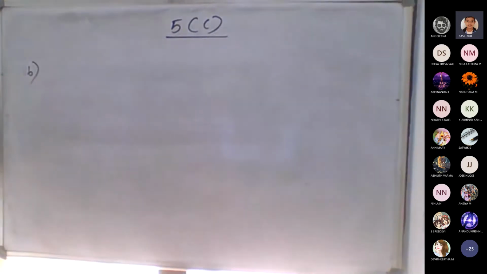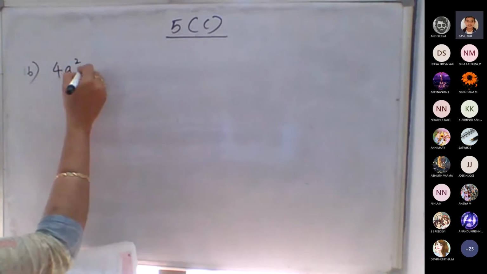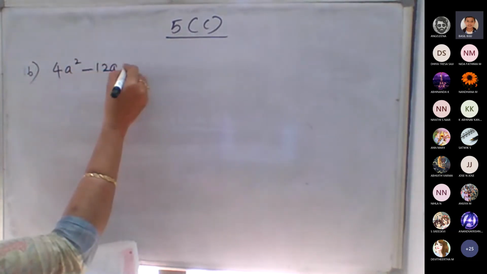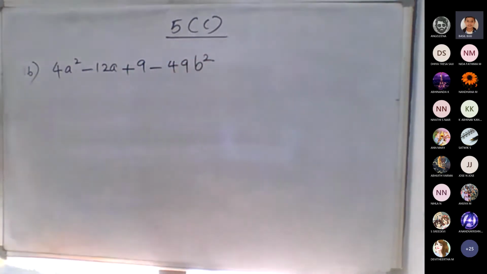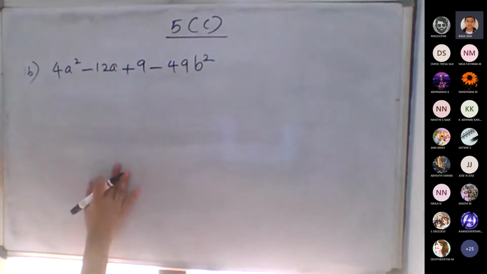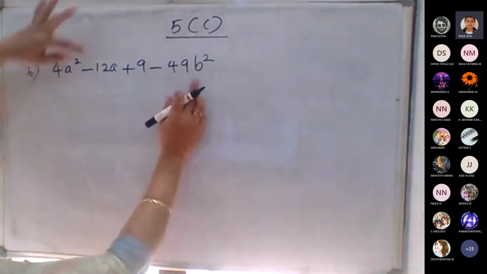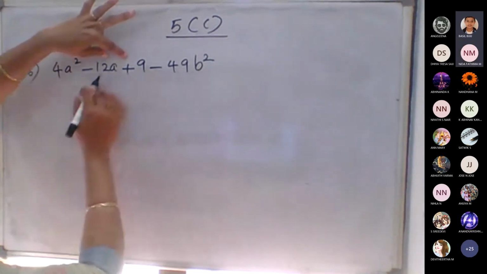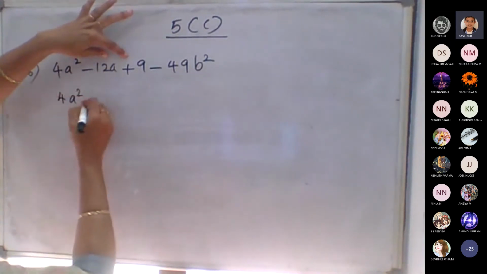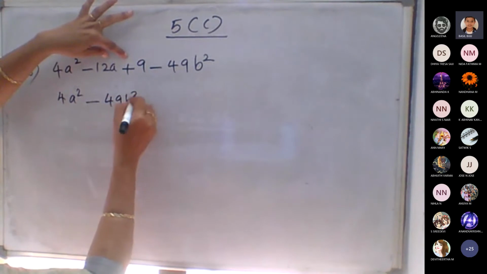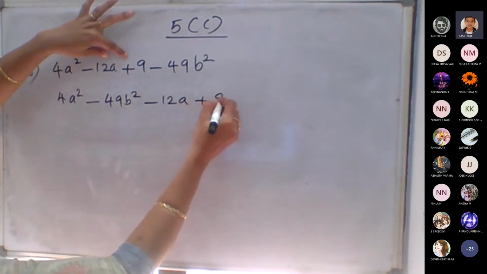Now the 16th question: 4a square minus 12a plus 9 minus 49b square. Same as the previous question. Can we take that 49b square together? Suppose we write 4a square minus 49b square minus 12a plus 9.